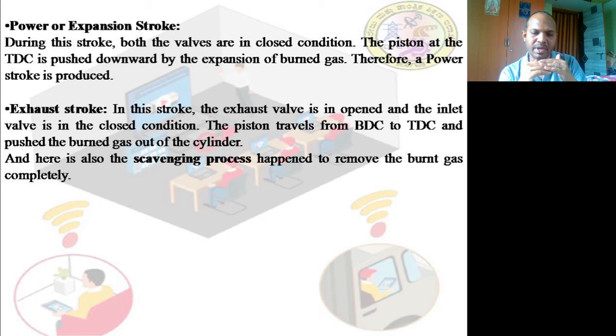As it is moving, it pushes all the burnt gases, the smoke, out and expels it to the outside atmosphere. So expelling or throwing out the burnt gases from the engine cylinder is called the scavenging process. Scavenging is nothing but taking the smoke out of the engine cylinder.